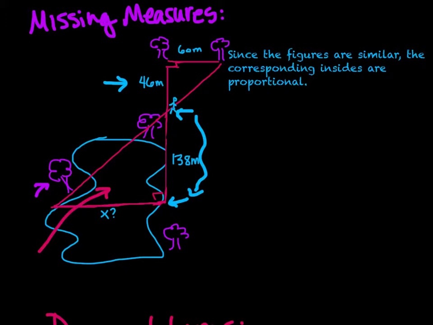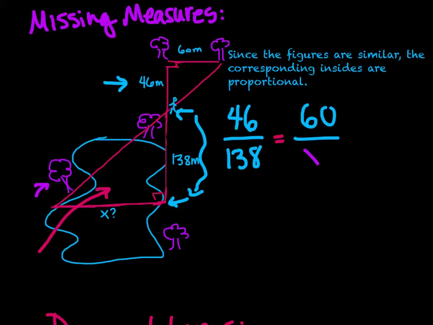We essentially can say, well, the corresponding side 46 is to the side 138, in the same way that 60 is to this other missing side, X, right here.